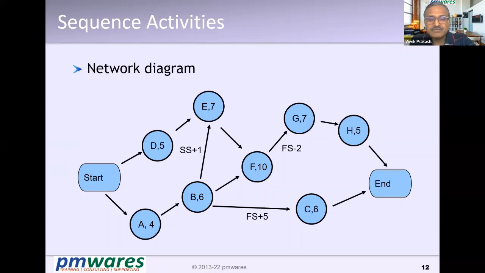G will start 2 days after F finishes. C will start after 5 days after B finishes. This way you get the network diagram, and you can calculate the total duration of the project and identify the critical path. We'll come to this a little later.